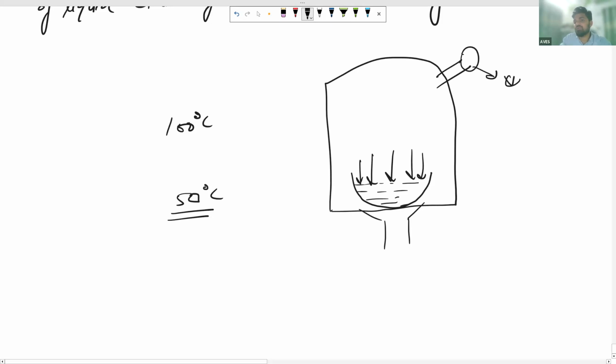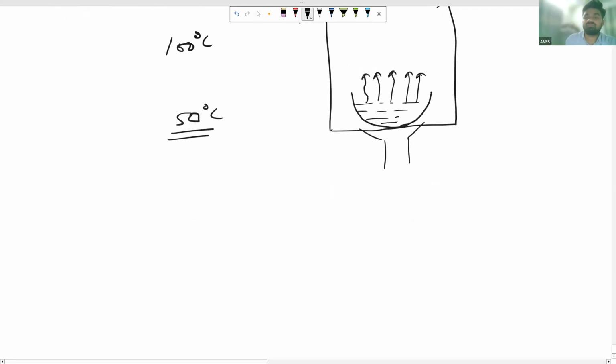When you vacuum it, the atmospheric pressure is removed, because if you remove the air, the atmospheric pressure is removed. Now it can boil, because there is no resistance force opposing its conversion into the gaseous state. So if you reduce the atmospheric pressure, the boiling temperature is reduced, and boiling can be attained at a lower temperature. Got it?